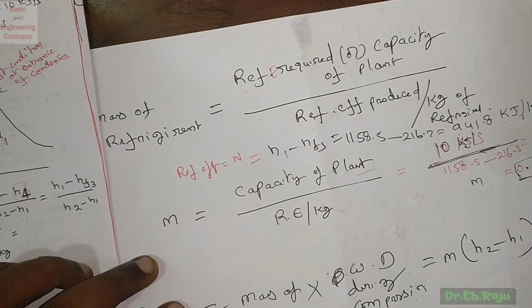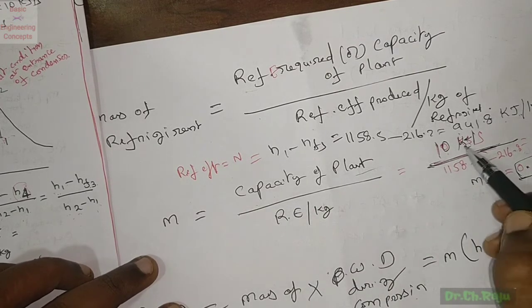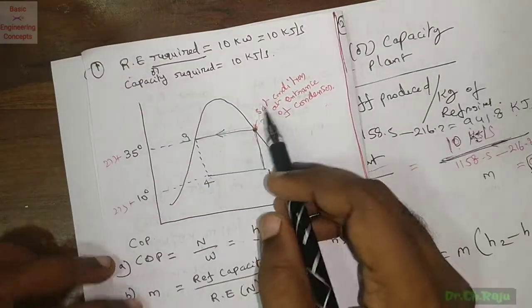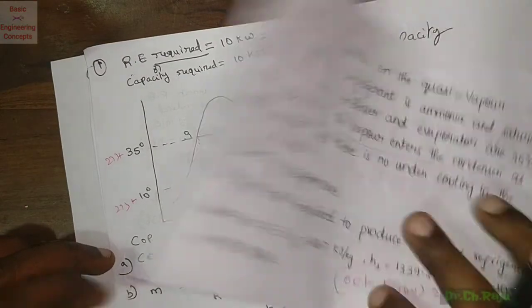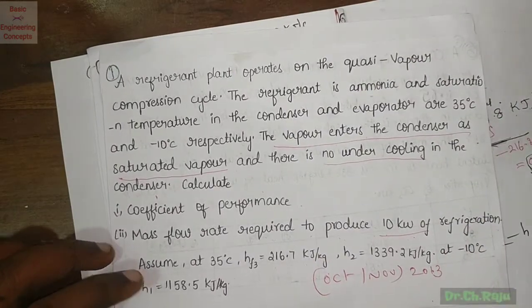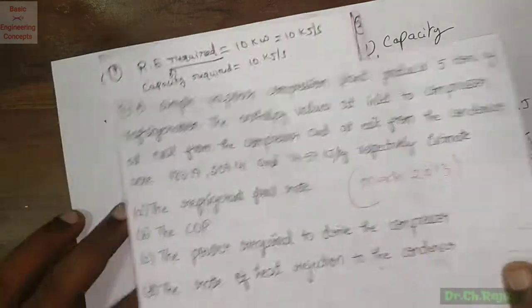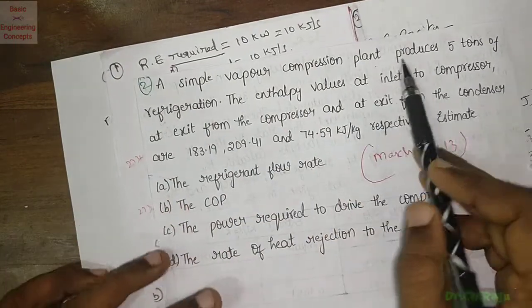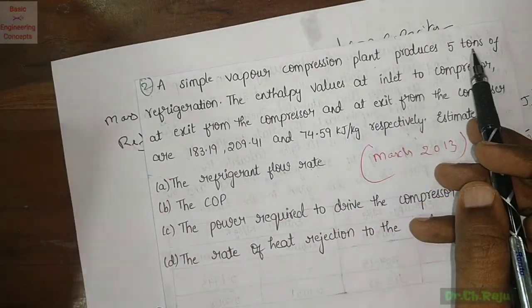This much refrigerant is required to produce 10 kilowatts of refrigeration for the plant. So, another example: a simple vapor compression plant produces 5 tons of refrigeration.